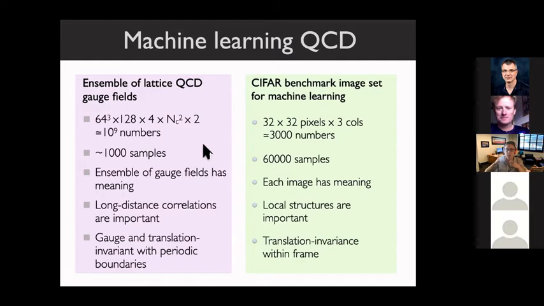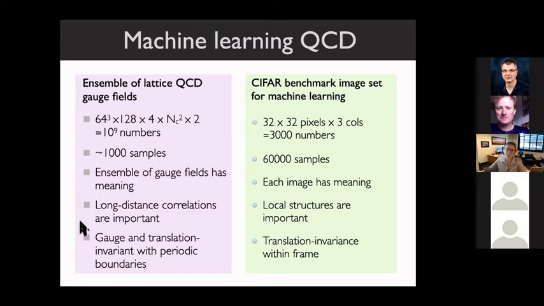It's long distance correlations that are important, as opposed to generating pictures of people. Each image has meaning in itself. Short distance structures like a nose or an eye have their own meaning in themselves. And so you can imagine that a lot of the architectures developed to solve the image problem won't necessarily directly apply to the lattice gauge theory problem.